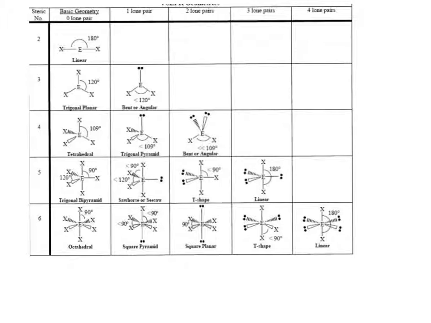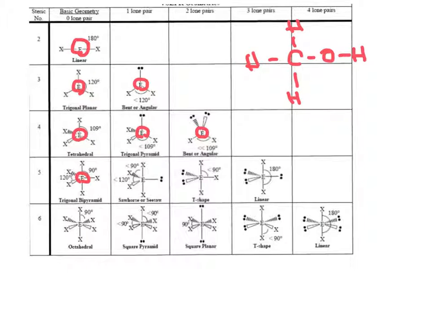So again, what we're looking at, and we only do this, by the way, around the center. In other words, for each one of these, when I talked about the number of pairs of electrons, I was referring to if we pick an element, the element in the middle, and we're looking at how many pairs of electrons surround that one element. If you were looking at some sort of complex thing, like this, where you have, for example, CH3OH, in this particular case, what we see is more than one shape. In other words, you'd have to look at each element at a time.